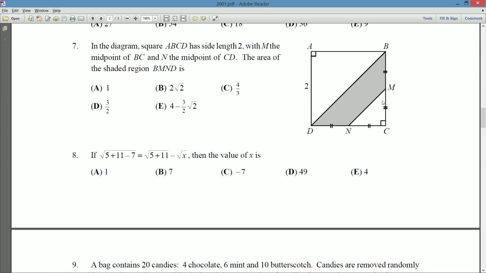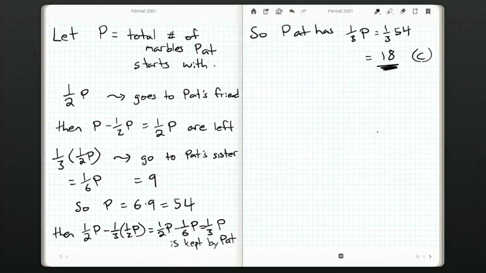Now I'm going to choose this method over, say, a trapezoid method or a different one, because with these right triangles here, I already know the bases and the heights for BCD and MCN. It's 2 and 2, and then 1 and 1. So I should be able to work this out. Alright, so we'll draw ourselves a little picture, and we'll start labeling the information that we have.